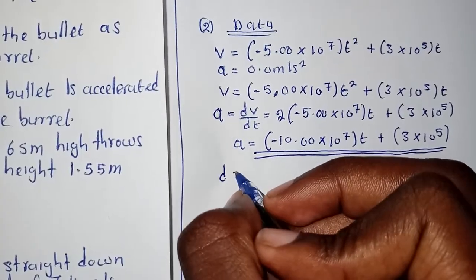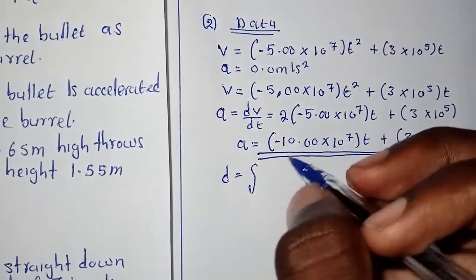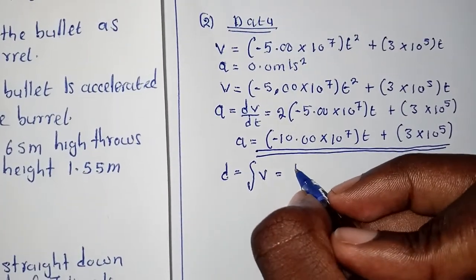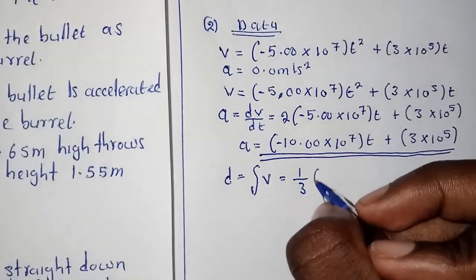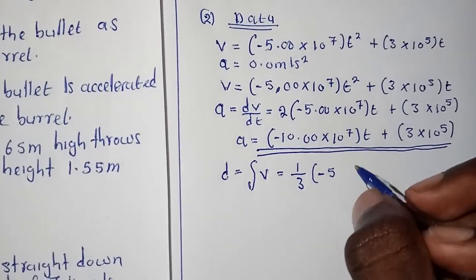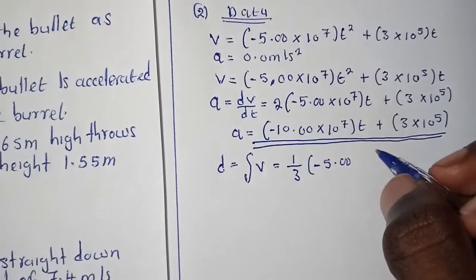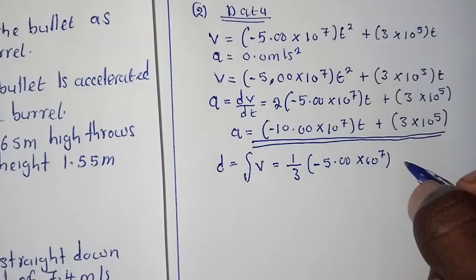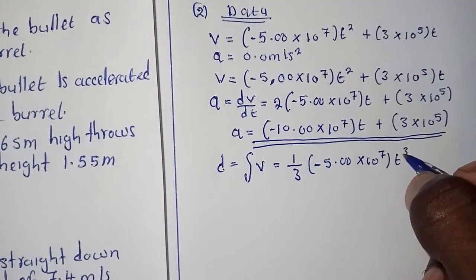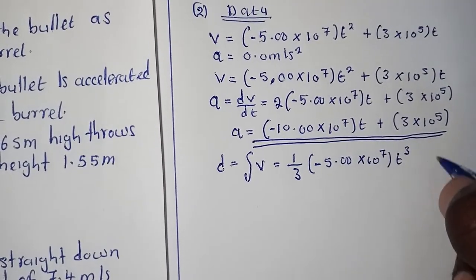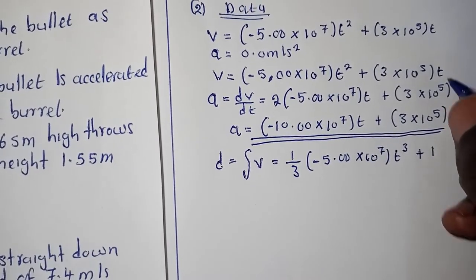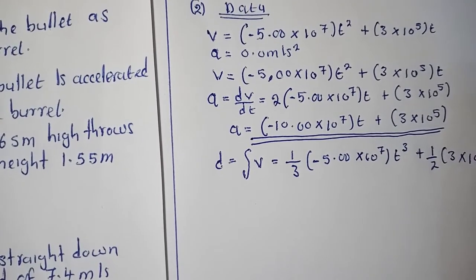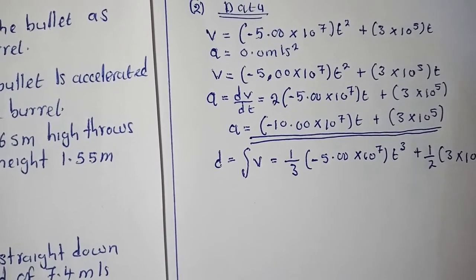So distance is equal to the integral of v, which is 1 over 3 times negative 5.00 multiplied by 10 to the power 7, where the power increases by 1 to become 3, plus, since we have a t here, 1 over 2 times 3 multiplied by 10 to the power 5, where the power increases to 2.